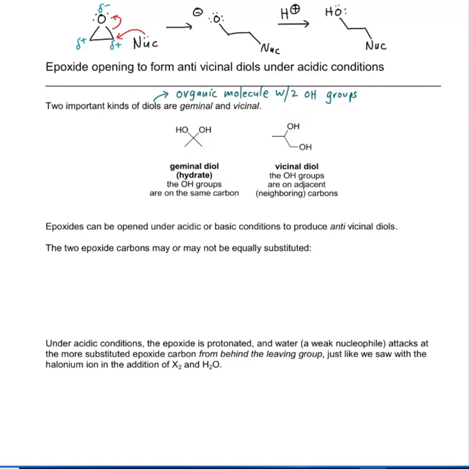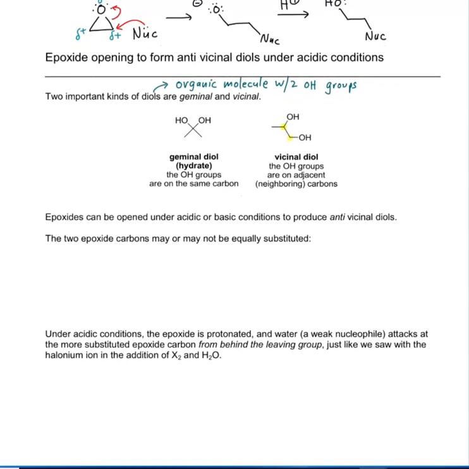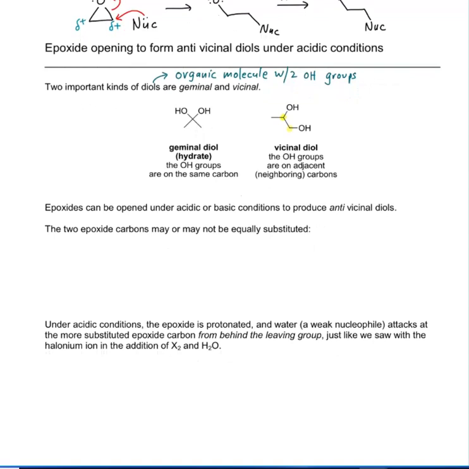And what geminal means is that the OH groups are on the same carbon. By contrast, a vicinal diol, as shown to the right, the OH groups are on neighboring or adjacent carbons. So we're looking at making vicinal diols. Now we can do this in aqueous media, either under acidic or basic conditions.